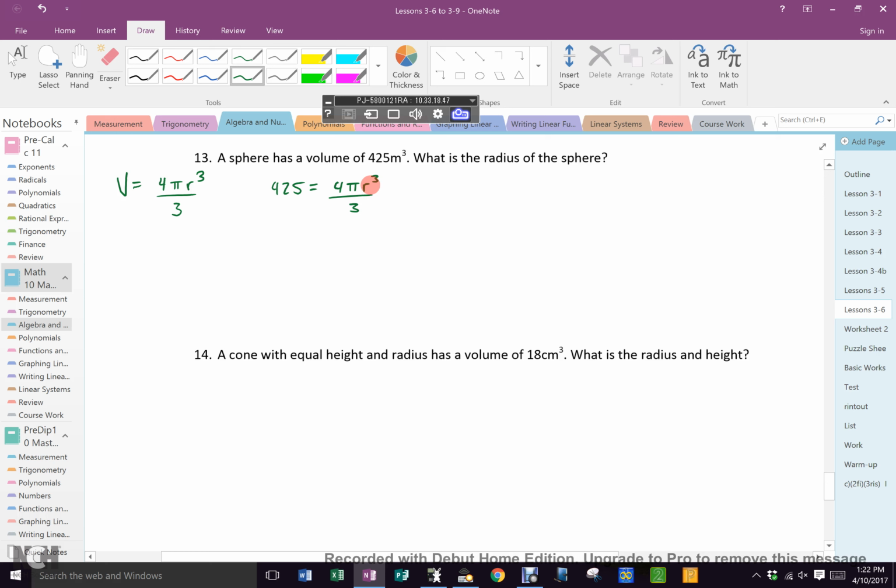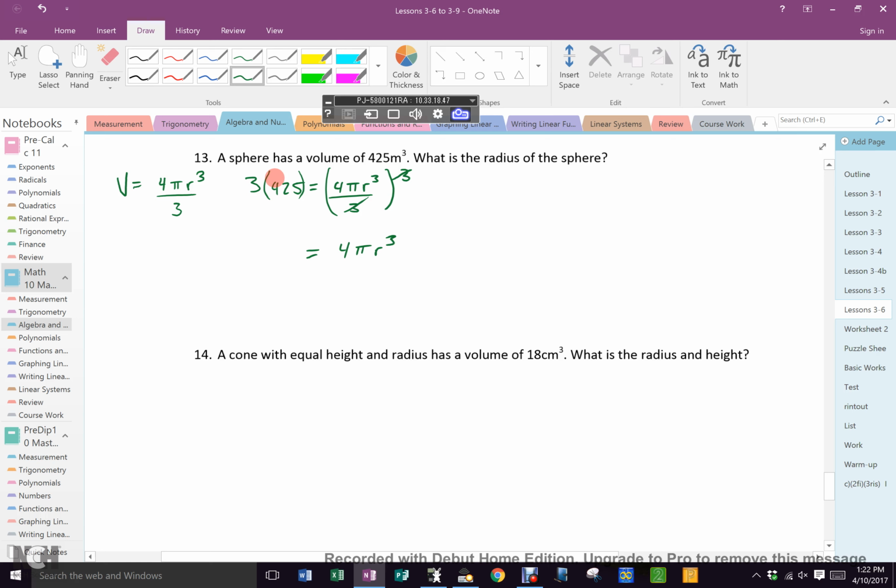I would say it's the 3. What math do we see right here? Division. I need to reverse that, so what do I do? Multiply. If I multiply this side by 3, what do I have to do to this side? The same thing. So the 3's cancel, and I'm left with 4 pi r cubed, right?